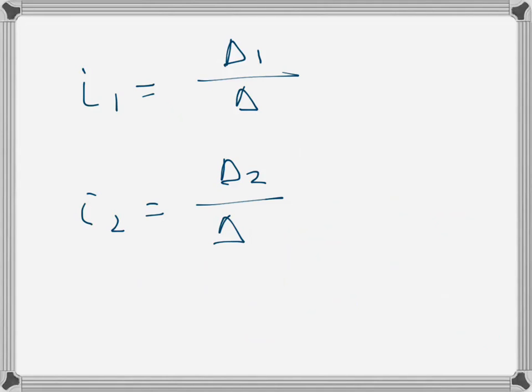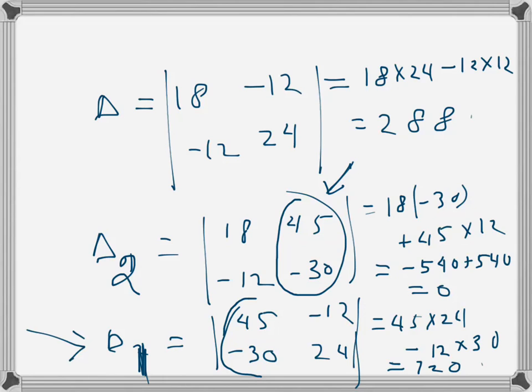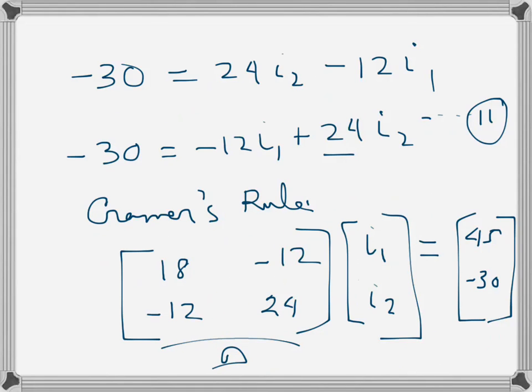Now we can see I1 will be delta 1 over delta, and I2 will be delta 2 over delta. Delta 1 is the one for I1 because the right hand side is written in the column for I1, and for I2 it will be written in the second column of the determinant.